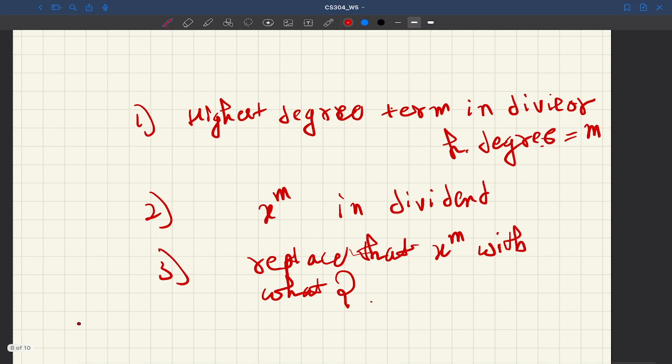In my divisor, remove the highest degree term.